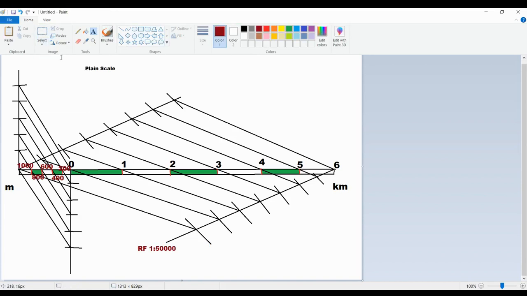When you are drawing it, please make sure that you draw margins on all 4 sides. The title plane scale should be in the center. Alright. And with this, you will be completing your scale. I hope all of you have understood.